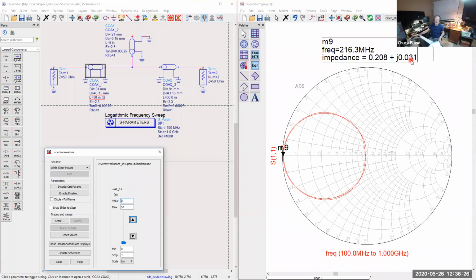No reactance, no resistance. And the only way we get any impedance changes out of this is by changing the frequency. That's what causes us now to travel around this circle. And so now you see the impedance changes, but we are going to follow this ideal circle because now we're holding the length of the stub constant, and coax 1 is not changing.